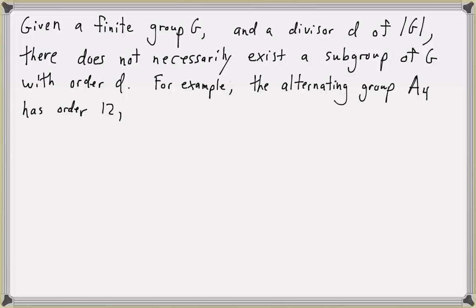And it's actually a fact that A4 is simple, which means it has no normal subgroups other than the identity group and the group A4 itself. So the alternating group A4 has no subgroup of order 6, which would be normal because it would have index 2. But A4 has no subgroup of order 6, which is a divisor of 12.